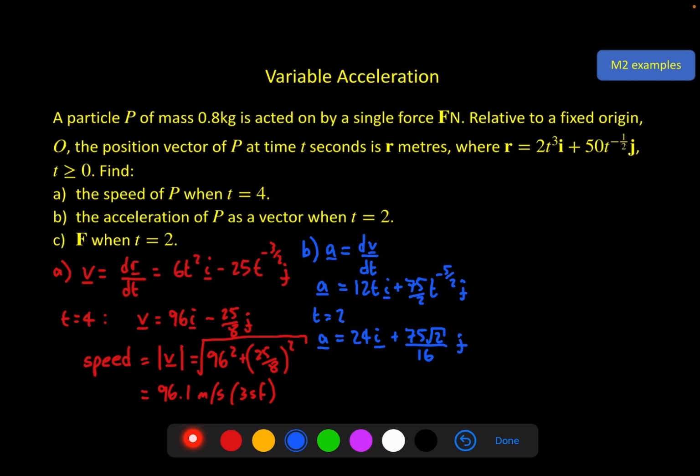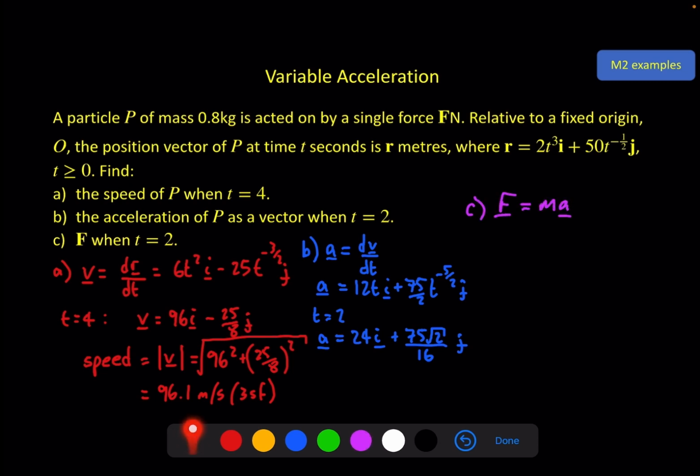Part C asks us to find F when t equals 2. F here you can see is in bold, so I'm going to assume they want it in vector form like this as well. And to find the force, we just do F is equal to mass times acceleration.